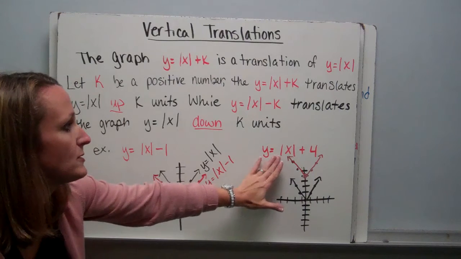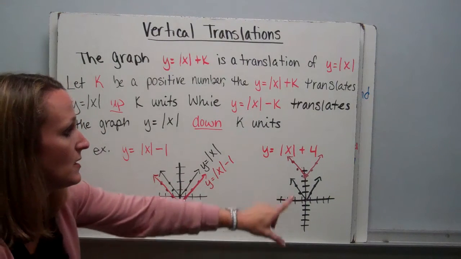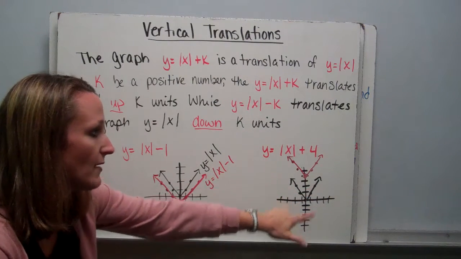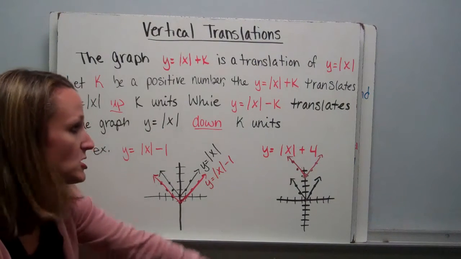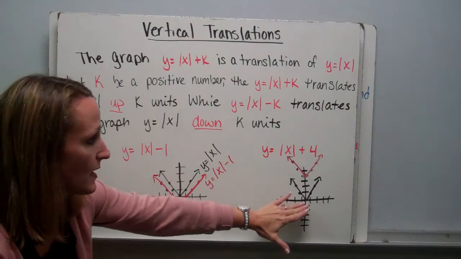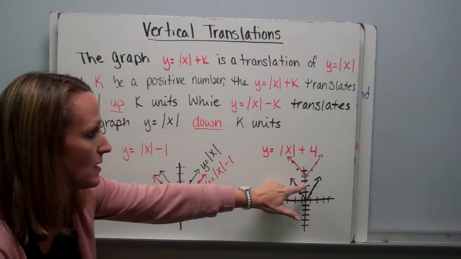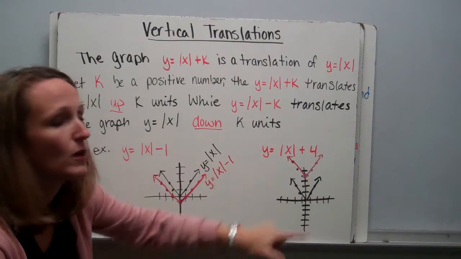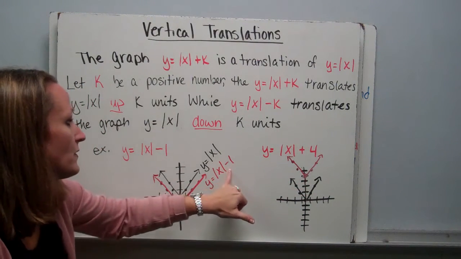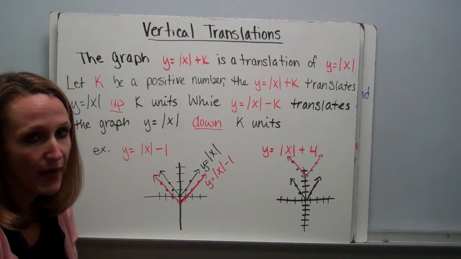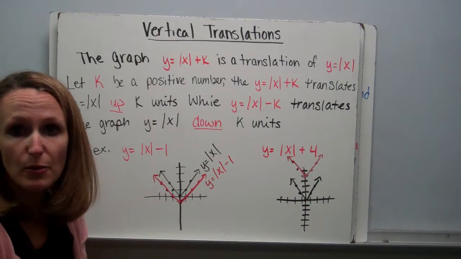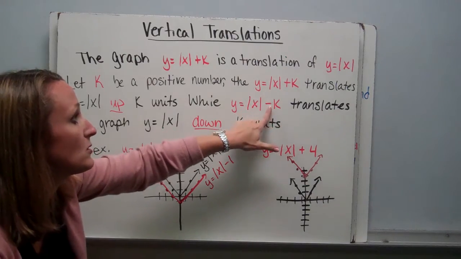Here's another one, y equals absolute value of x plus 4. Again, the black graph shows my original or my pre-image, and now my image is this red one that I simply shifted up 1, 2, 3, 4 spots. So this value out here, which we call k, represents whether it goes up or down, and you follow whether it's plus or minus.